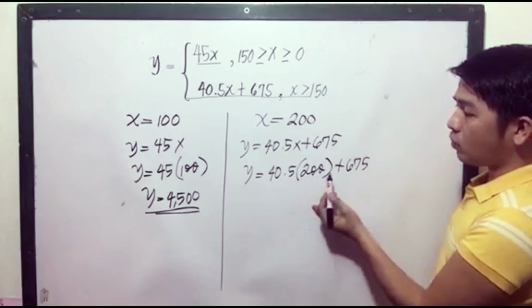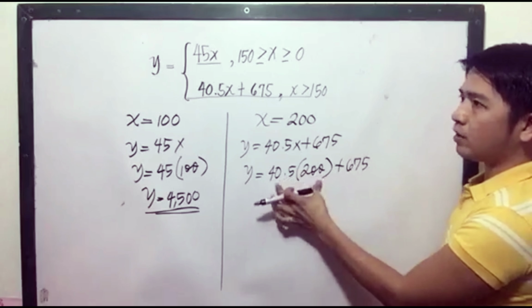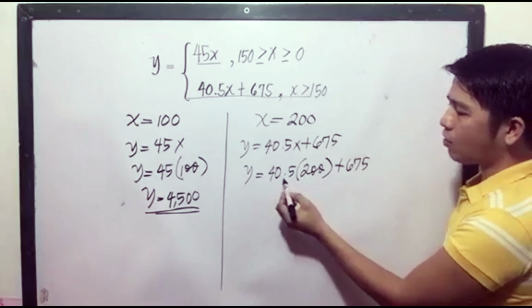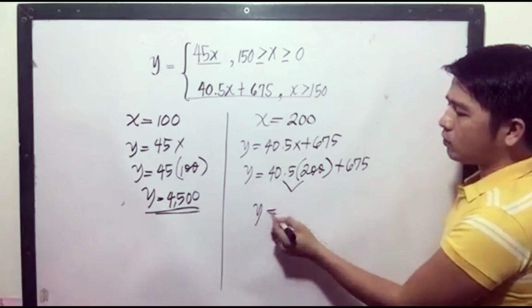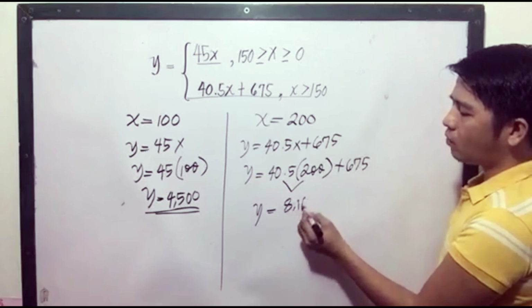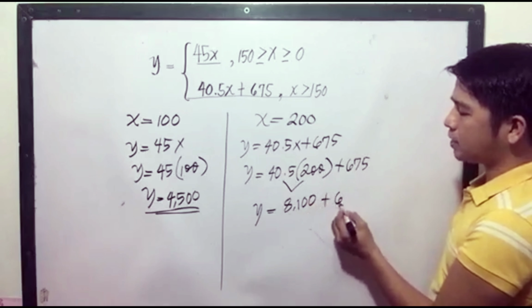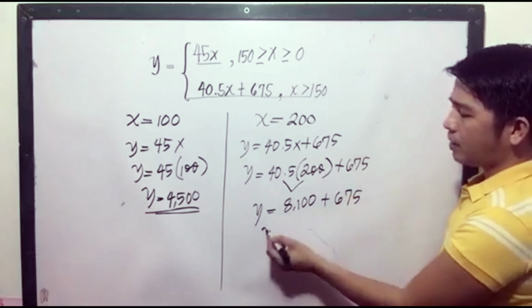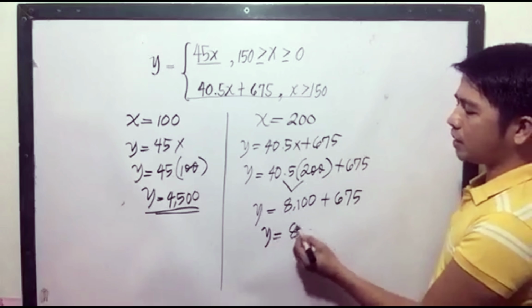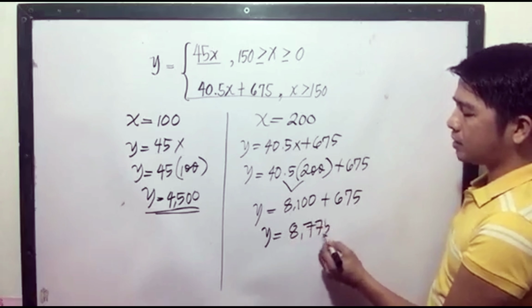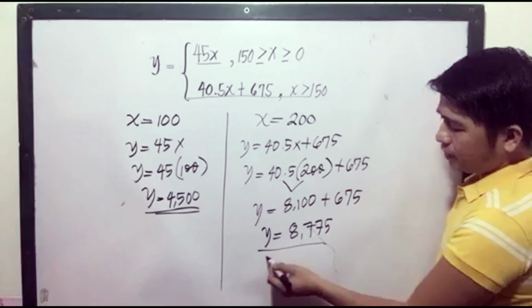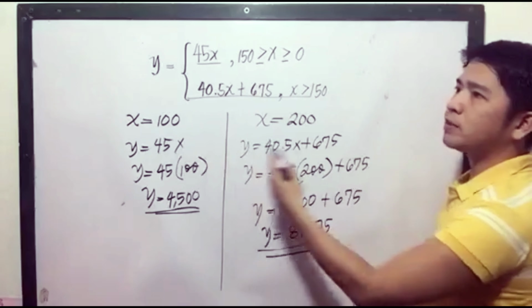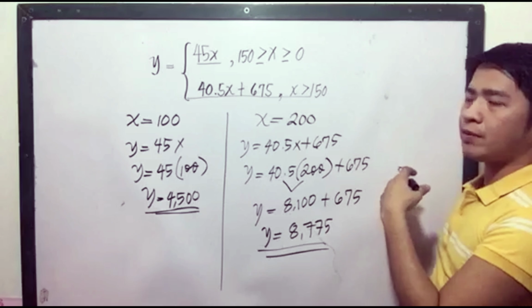Multiply this first, don't add, because we follow the MDAS rule. Multiply this, y equals 8,100 plus 675. Adding this up, it will give us 8,775. So, our piecewise function model worked for the problem earlier.